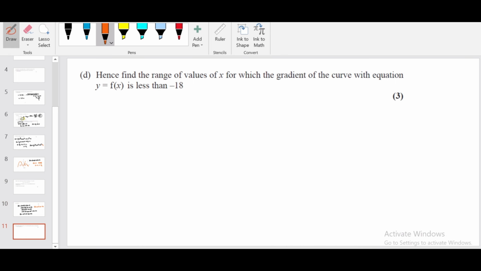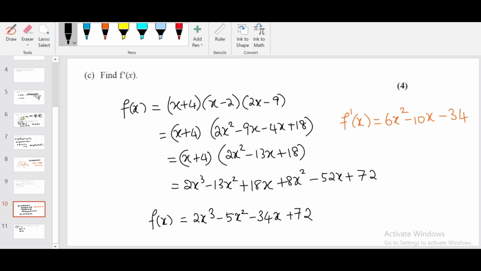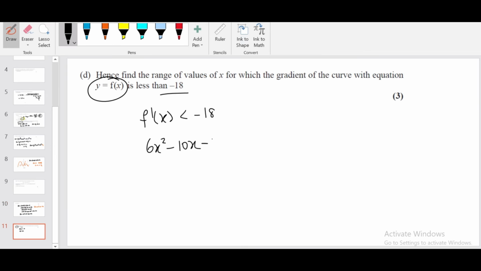Next part: hence find the range of values of x for which the gradient of the curve with the equation y is equal to f(x) is less than minus 18. So you take the gradient function and put it as less than minus 18, which is 6x squared minus 10x minus 34 is less than minus 18.